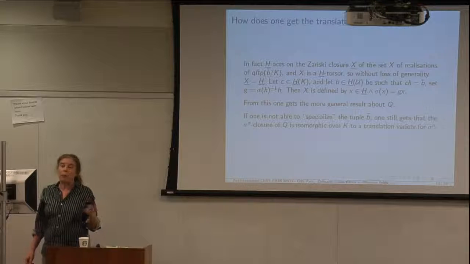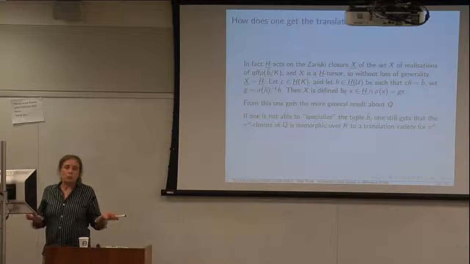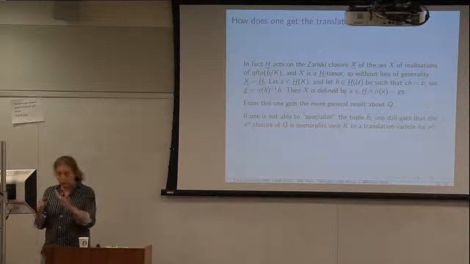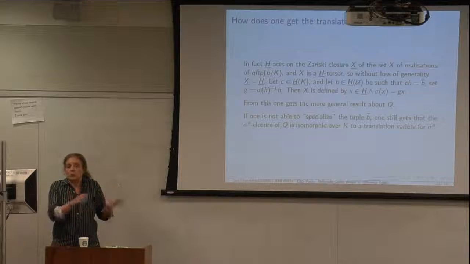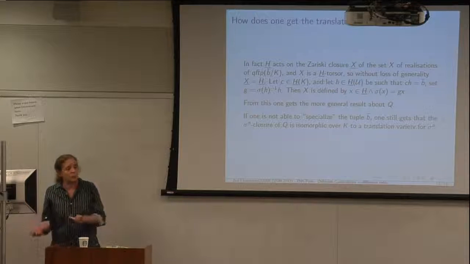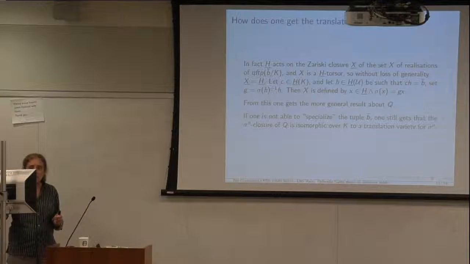As soon as you have a point of X bar of K, you get an isomorphism between X bar and H bar, right?